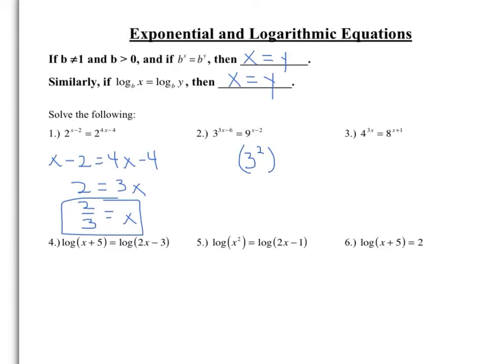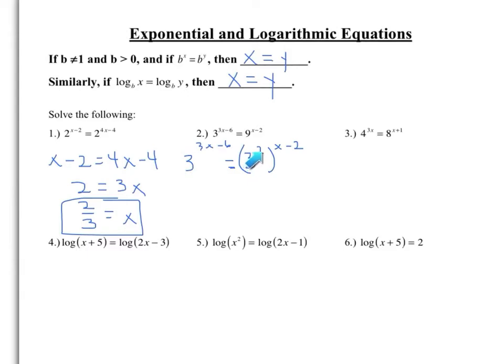Instead of 9, I'm making it 3 squared. I'm going to carry down that exponent. And then I'm going to keep on the left-hand side the base of 3 and the 3x minus 6. So now both sides have a base of 3.